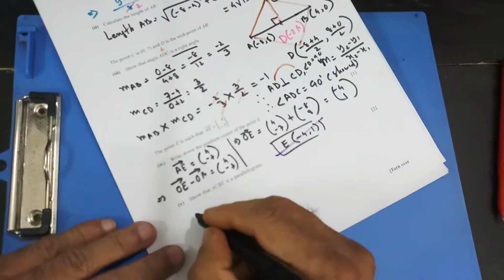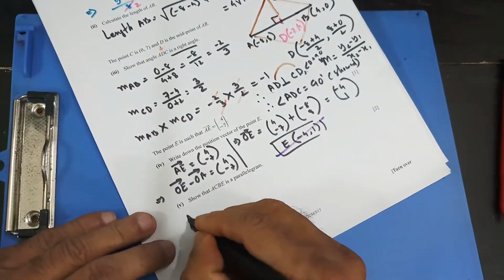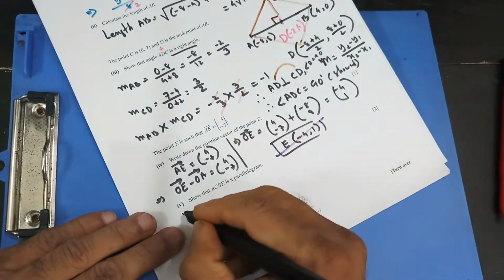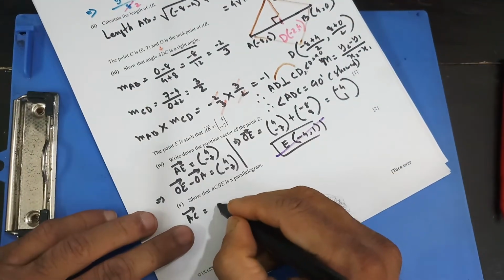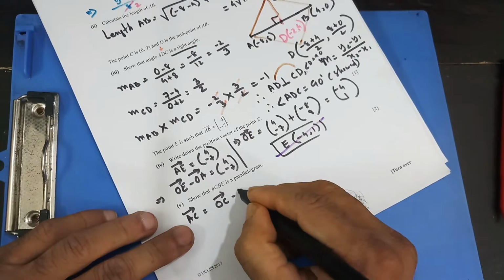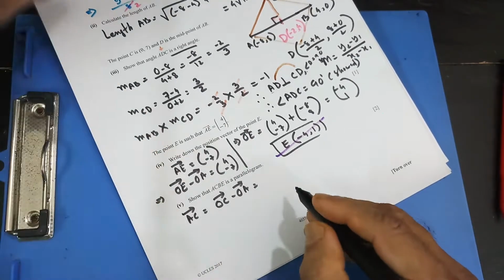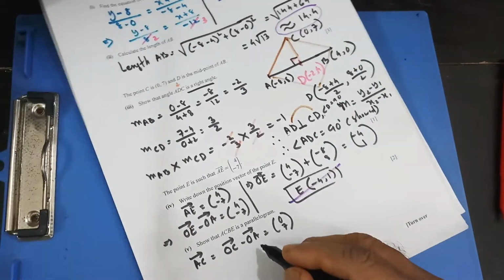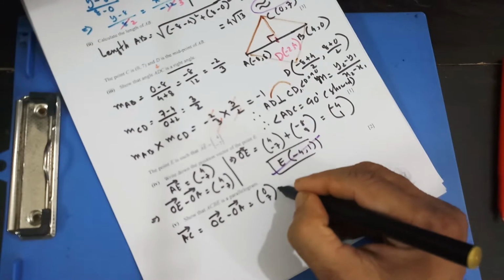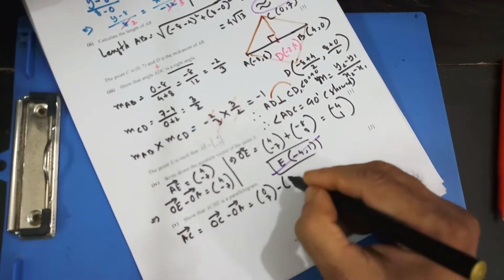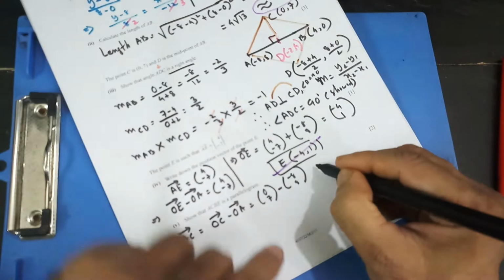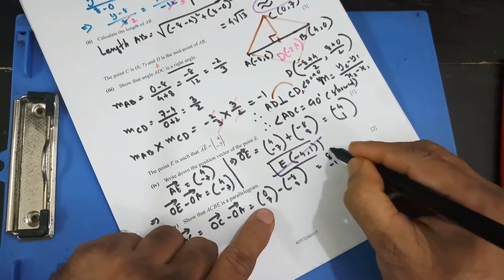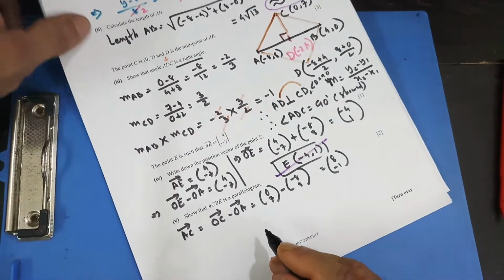AC is going to be OC minus OA. C is my 0, 7, and A was minus 8, 8, so this is 0 minus minus 8 is plus 8, 7 minus 8 is minus 1. That's AC.